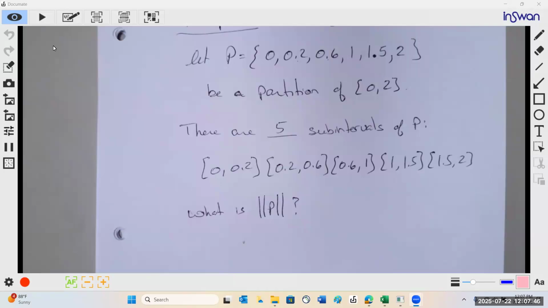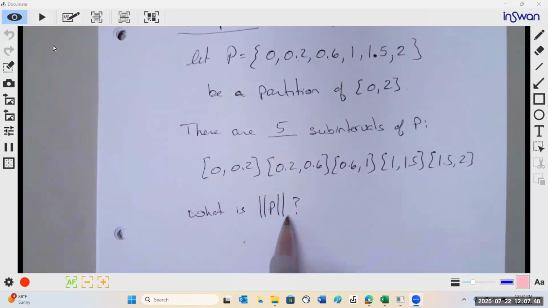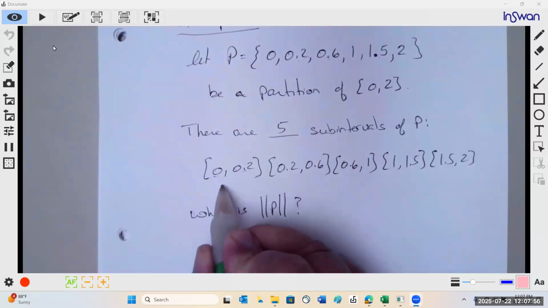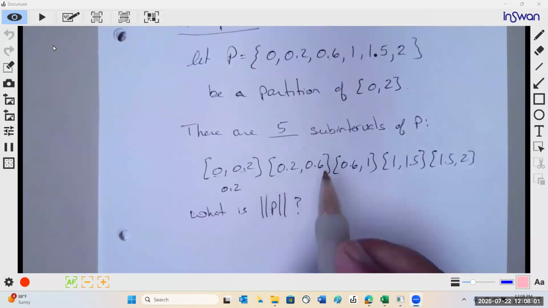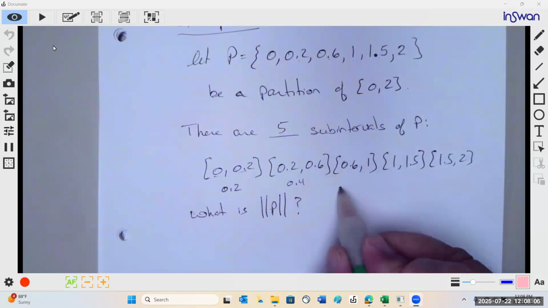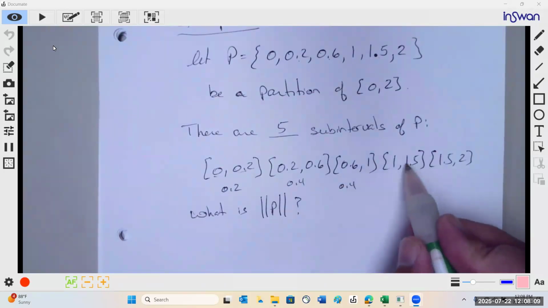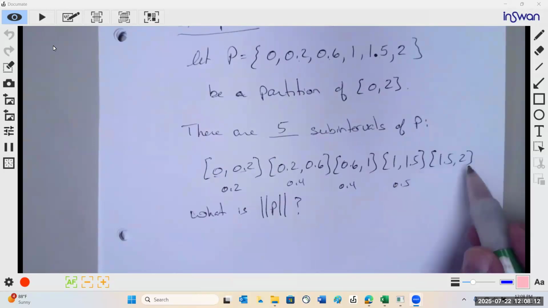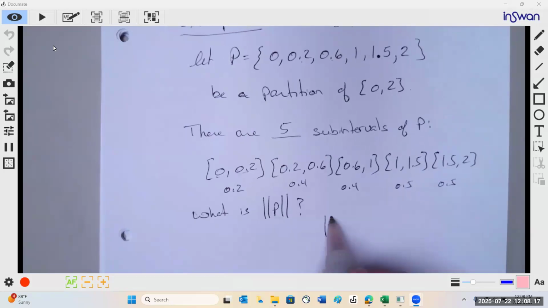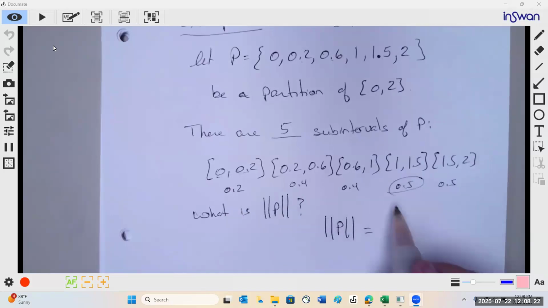So what's the norm? Right. Because the first one, it's 0.2 minus 0 is 0.2. 0.6 minus 0.2 is 0.4. 1 minus 0.6 is 0.4. 1.5 minus 1 is 0.5. 2 minus 1.5 is 0.5. The norm looks for the largest, even though it happens twice.